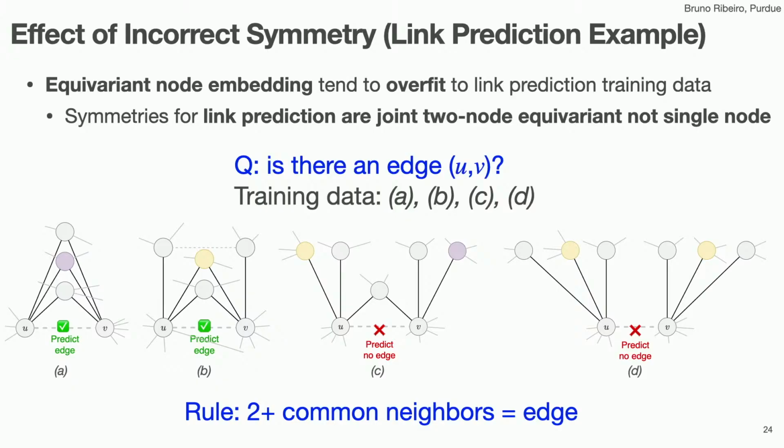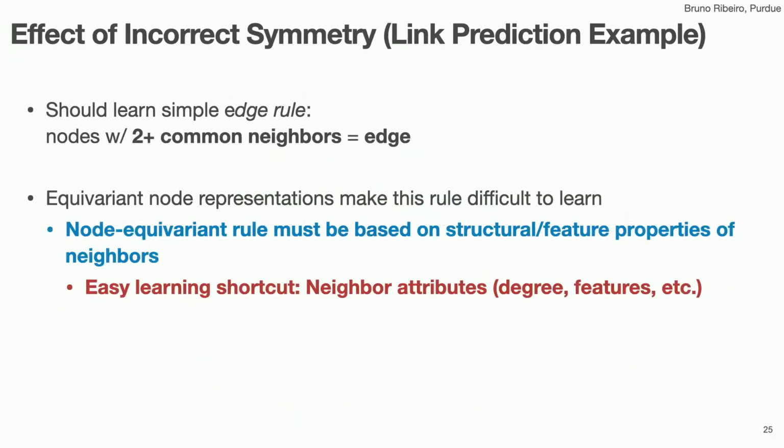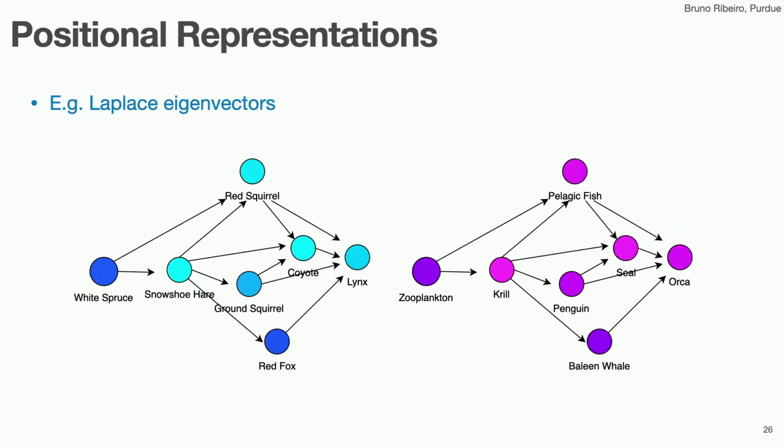So that's what we actually see in practice. In practice, they overfit to the data, and it becomes very challenging to predict links. OK, so that's for node equivariant. And that's what I said, essentially they tend to learn shortcuts. They look at degrees, features to try to distinguish the two cases, but they really can't. It doesn't work well in test.